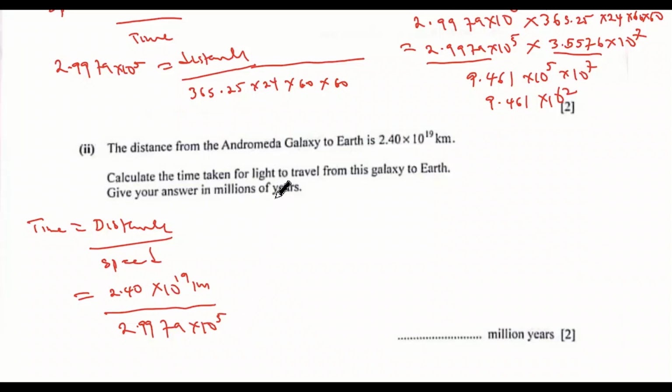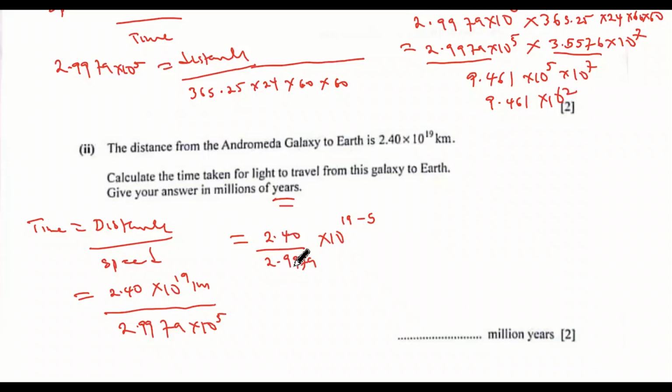We are to leave our answer in millions of years. From here we have 2.40 divided by 2.9979, times 10 to the power of 19 minus 5. That's division of indices.